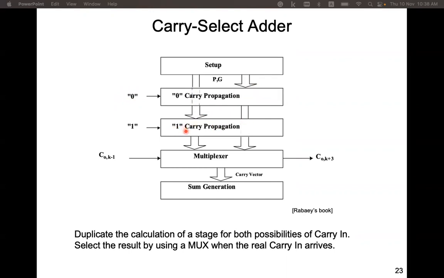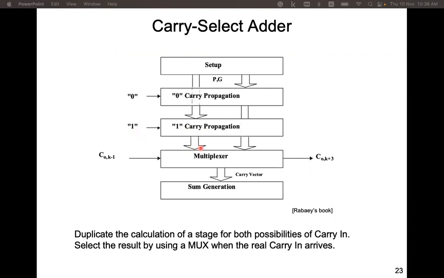It calculates the carry out using the setup and the P and G signals, assuming carry in is 1. So these two are in parallel. Two sets of hardware perform the calculations simultaneously with different assumptions.